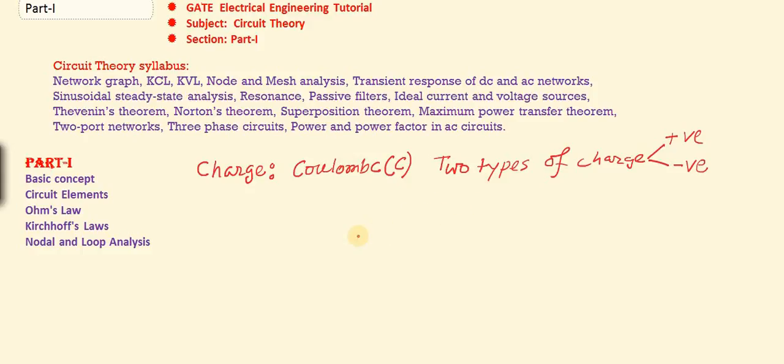An object is said to be positively charged if it has excess protons. Otherwise, if it has excess electrons, then it is negatively charged, and if it is uncharged, then both these charges are present in equal quantities.